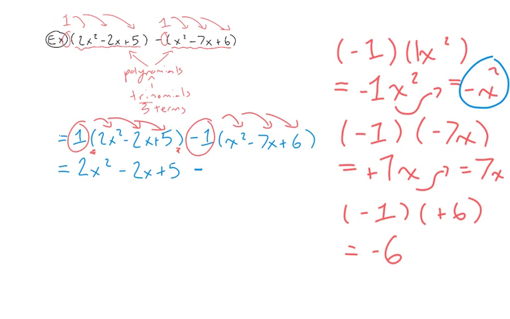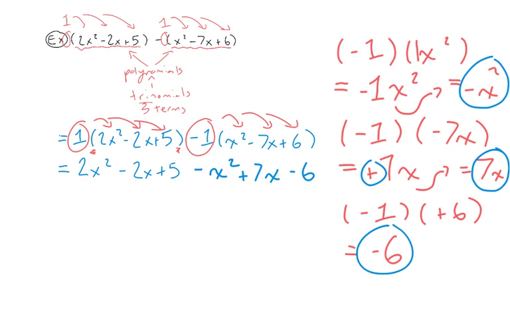So you have −x², 7x. But again, you'll see that there is no operation or sign between these two terms, and it looks really awkward. Therefore, you're going to make that positive sign visible. And our last term would be −6, and we're going to write that over here.